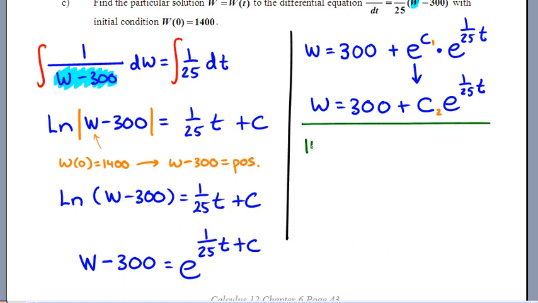So putting that in, 1,400 is equal to 300 plus this second constant, and then that would be e to the 0, right? At time 0, 1/25th times 0 is 0. E to the 0 is a 1. It looks like that c is 1,100.